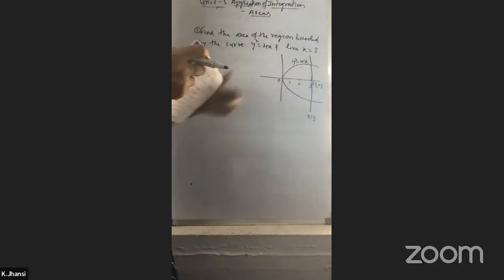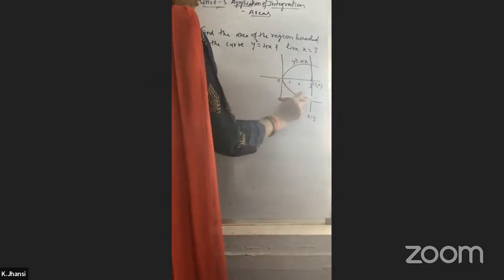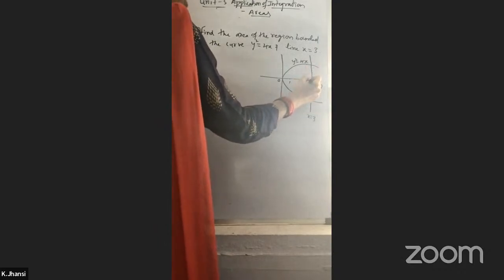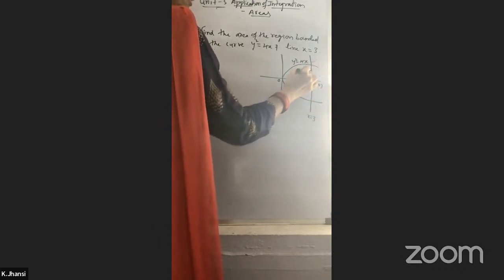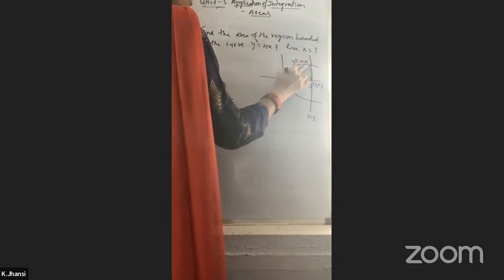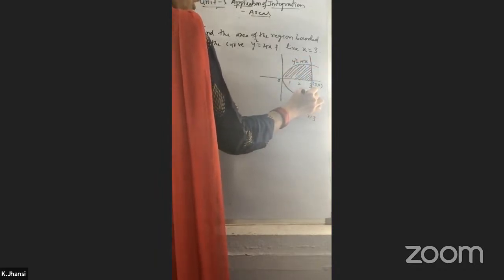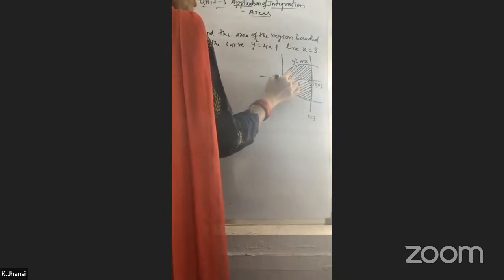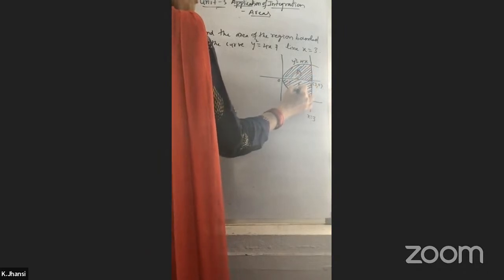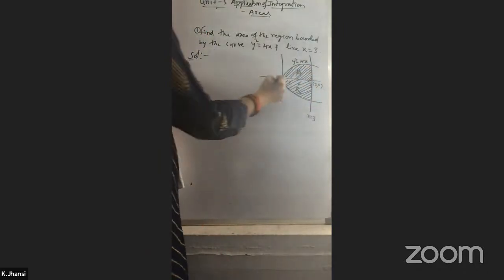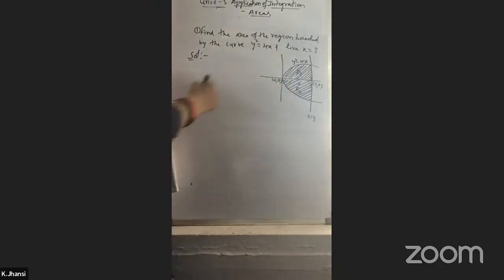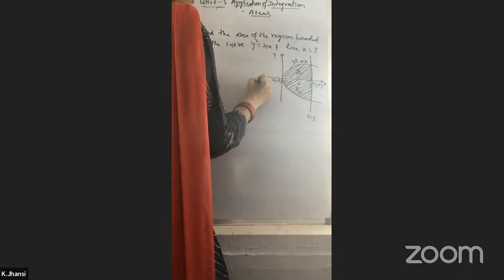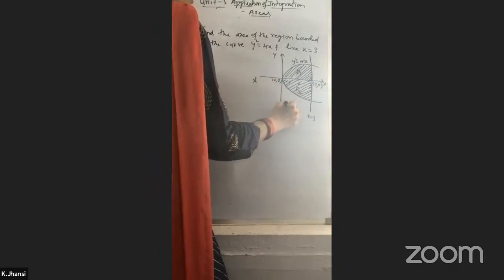We have to find this region. This is the parabola curve and it is cutting the line x equals 3. So this part, and here also downward. You can take this as region R1 and this as region R2. The center is 0, 0, with the y-axis, x-axis, x dash and y dash.